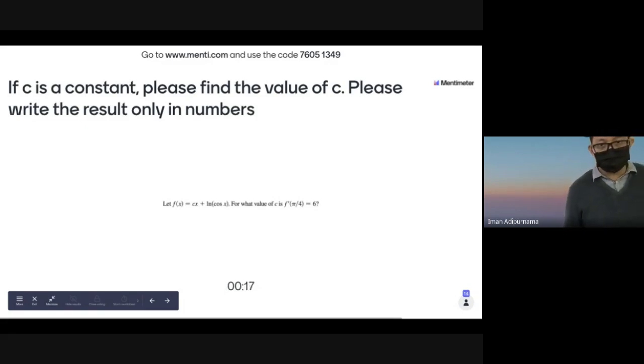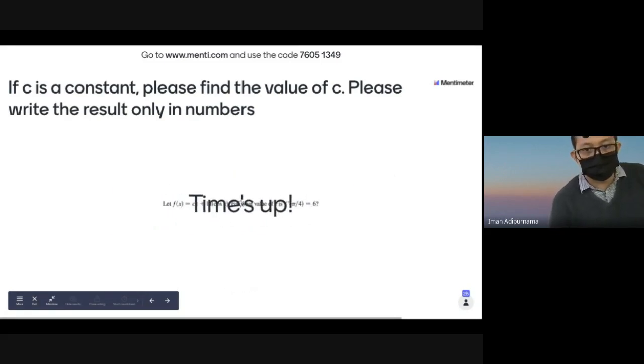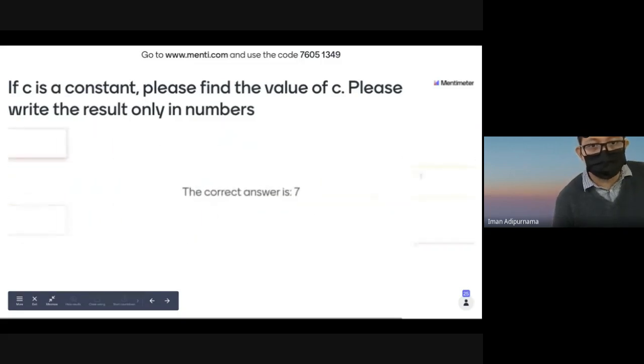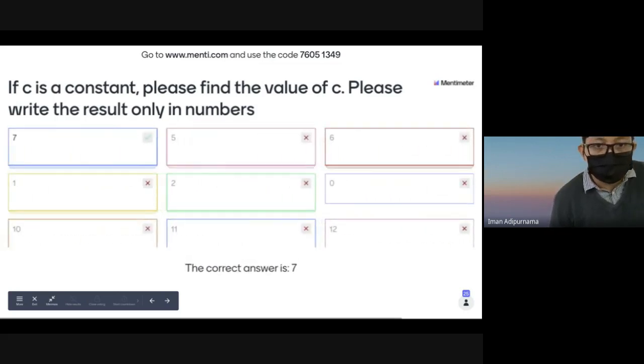Hopefully you get this correct. Okay, time's up. Not bad. It's 7. I think some of you get the correct answer.